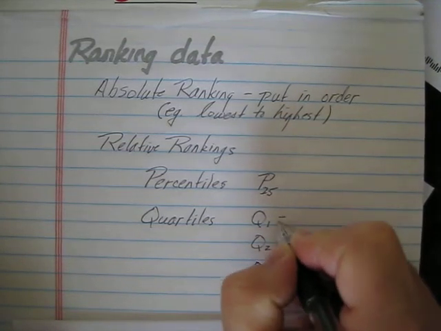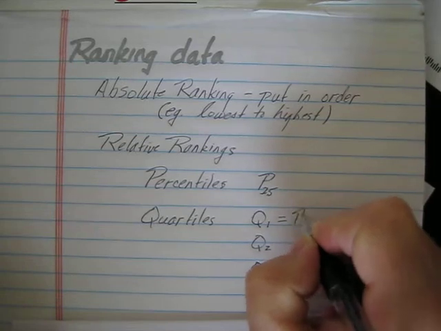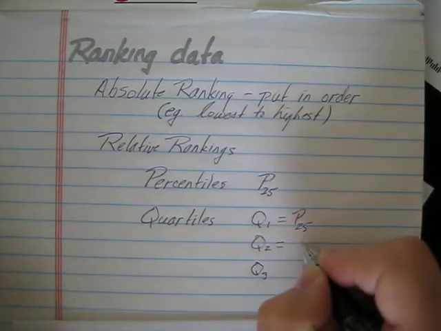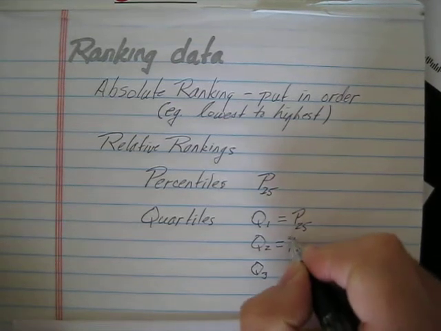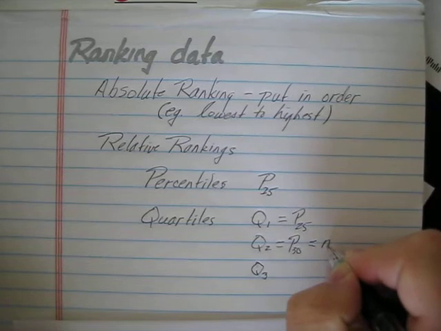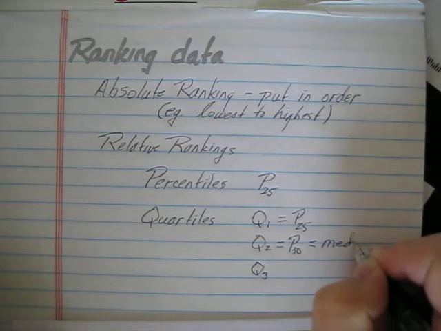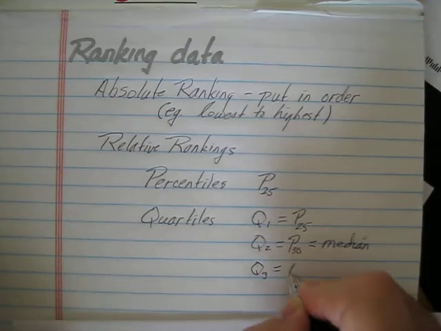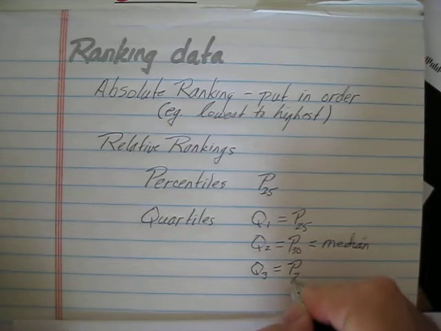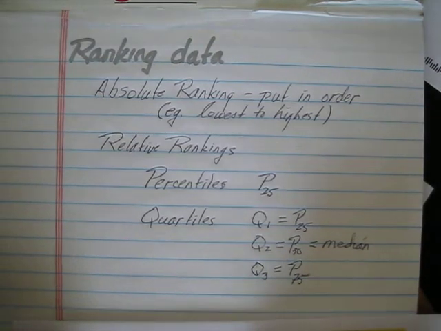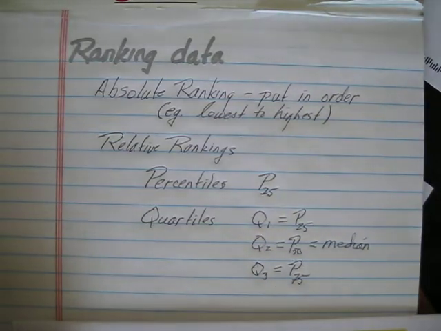For us, these mean the same thing as the 25th percentile is the first quartile, the 50th percentile is the second quartile, and of course that's the same as the median. And the third quartile is the same as the 75th percentile. Third quartile then, 75% of the scores would be below that amount and 25% would be above that amount.